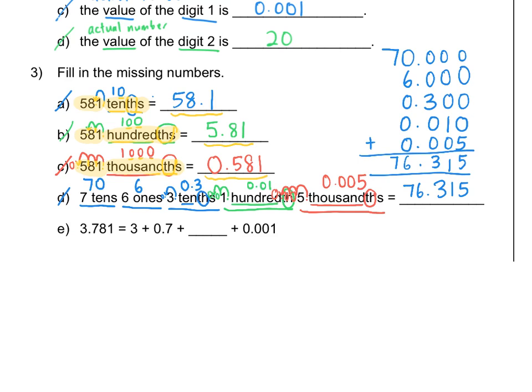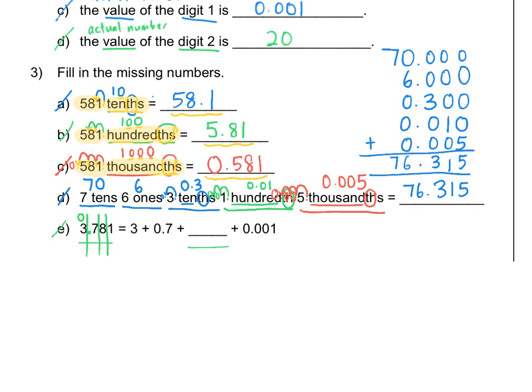And finally, for part E, you are given the decimal and you're supposed to fill in the blank. So given a decimal, what we always do is we label the place value chart. So first find a decimal point. In front of the decimal point, the place value is ones.